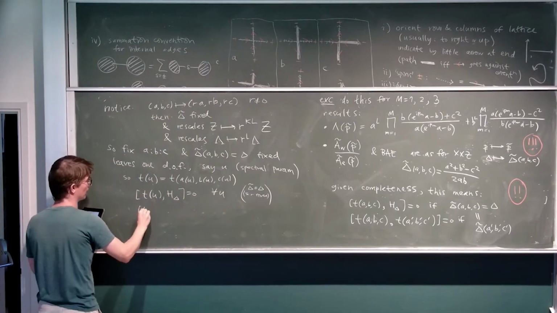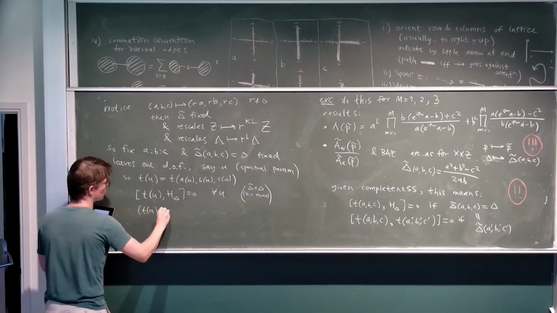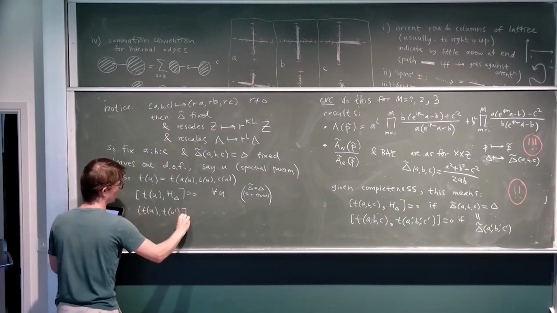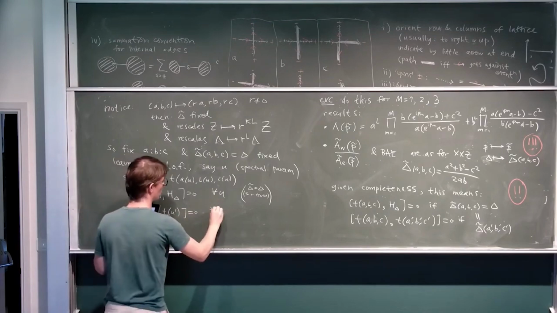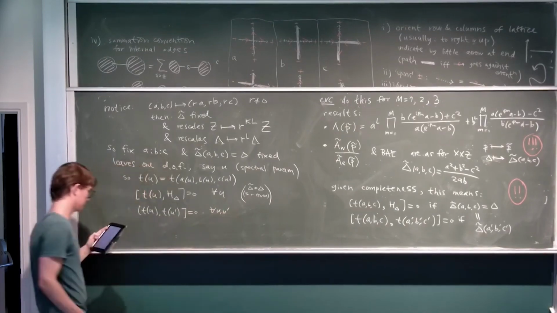And moreover, the transfer matrix of U commutes with the transfer matrix of some other U prime, which has the same value of delta tilde. So this is also true for all U and U prime.